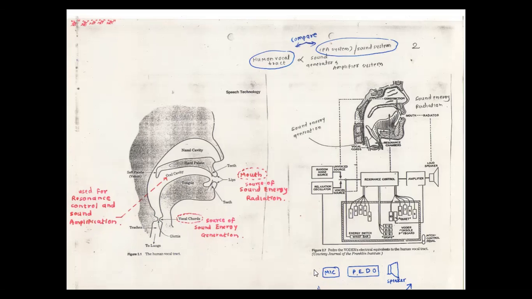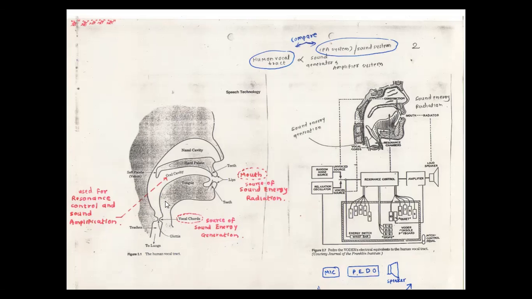Just now I told you a public address system is represented by three components: mic, amplifier, loudspeaker. Likewise in the vocal tract, the vocal cords act as the source of sound energy generation, the oral cavity acts as the resonance control and sound amplification system, and finally your mouth acts as the source of sound energy radiation.